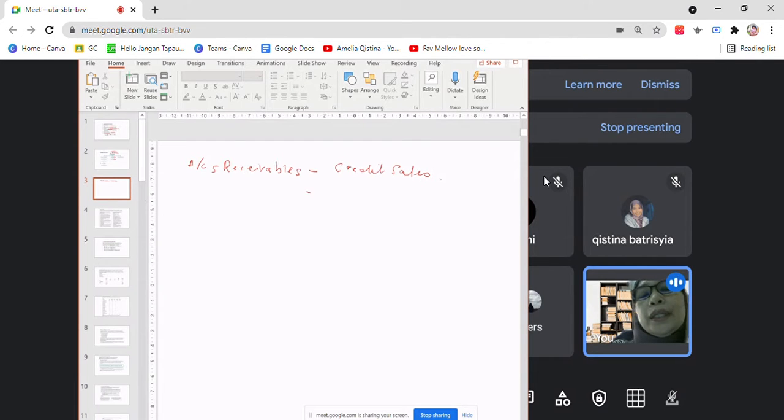So when it relates to the credit sales, you have to relate back to how the company manages their credit sales. So what are the control activities applied on the credit sales?